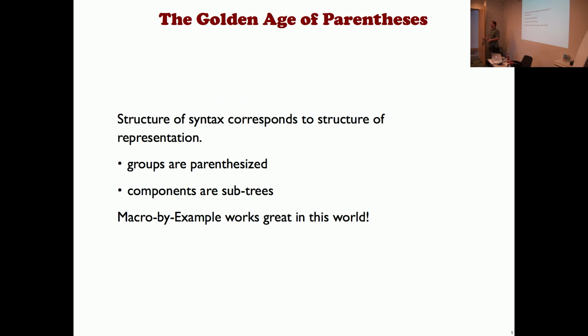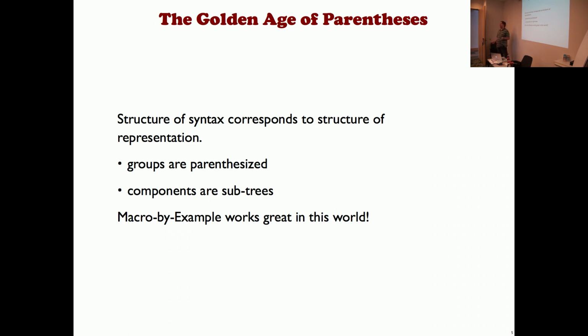Okay, so I like to think this started a golden age of parentheses, right? We have this syntax where the structure of the syntax really corresponded to the structure of the data that was used to represent it, right? So groups are generally parenthesized. Is not always true, but it's more true than not.